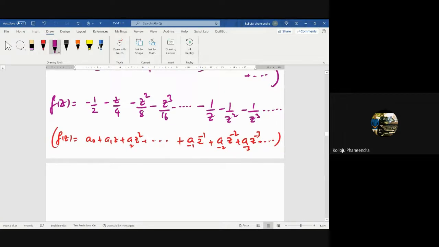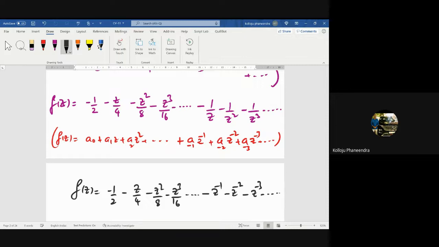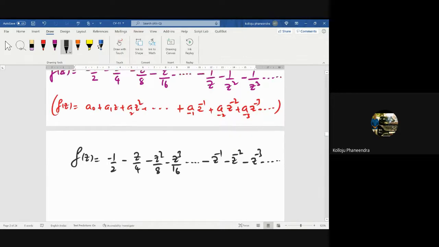So I can write f of z equal to minus 1 by 2 minus z by 4, z square by 8, z cube by 16, and so on, minus z power minus 1, z power minus 2, z power minus 3, and so on. Clearly positive and negative powers are there.